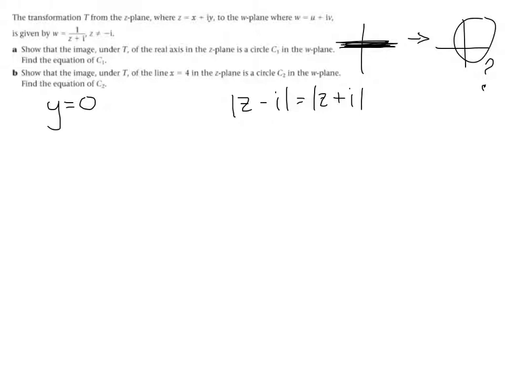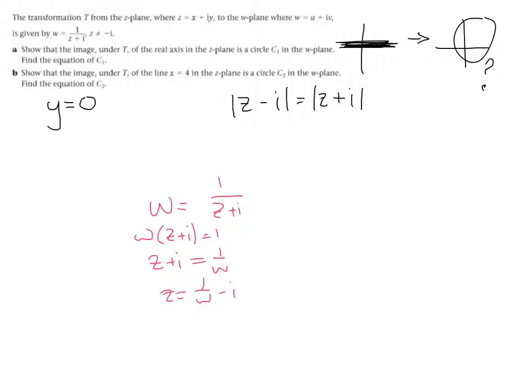Now, I'll do the loci form first. We're going to sub in z equals. I haven't got z equals, it's going to be a little bit of work, won't take too long. w equals 1 over z plus i, w lots of z plus i is 1, z plus i is 1 over w, z is 1 over w minus i.